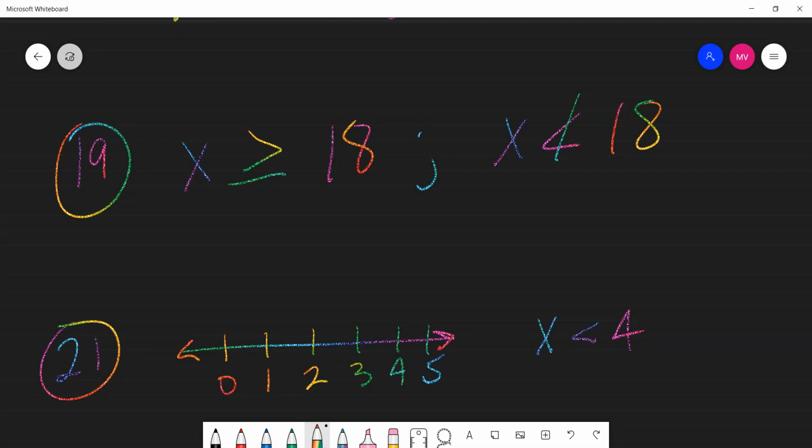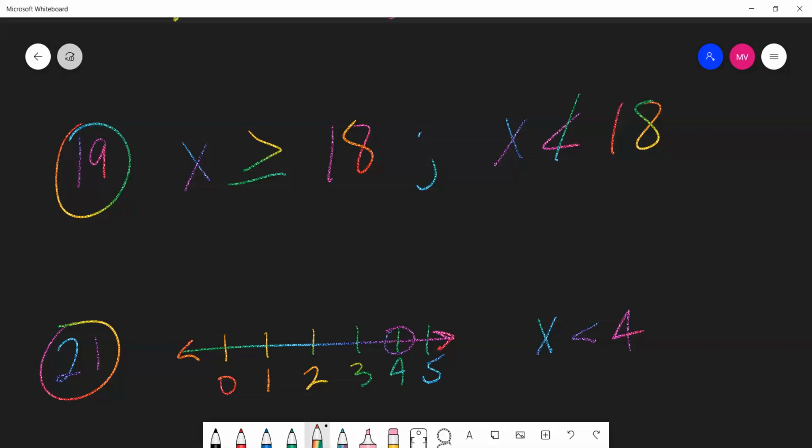So in this case, is it open circle, open dot, or closed dot? It is open dot. Remember what those mean? So remember, an open dot means that your x is not equal to 4, but that's where we start. And so in this case, x is less than 4. So it does not equal 4, which means we leave that open. So that just tells us where to start our line, but it means we don't include that number.